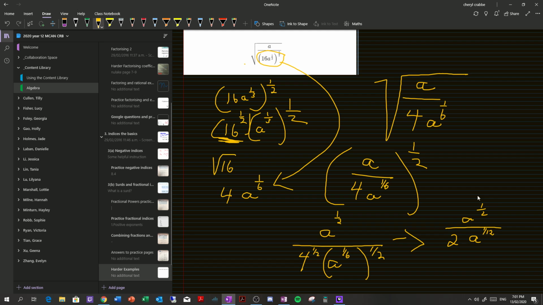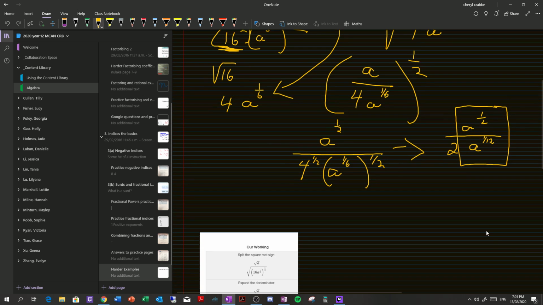Now, we're not done, because we basically have this that we can further simplify, right? Because this is the base a with an exponent on it. That means that we can take that 1/2, divide it by a to the 1/12, and we can subtract those exponents because we've got the same base.